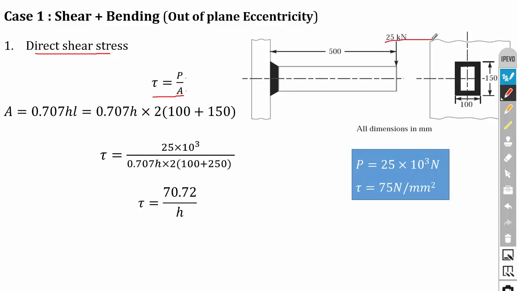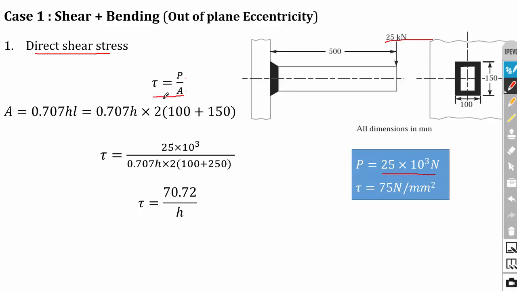So the load is 25 kilonewton, that is 25 into 10 power 3 Newton. We have to calculate the area. We know that the equation for area is 0.707 H into L. Here the L is the length of the weld. So this is very, very important. Be careful about it. We have to calculate the length based on the given drawing. Here the welding is carried out on all the sides. So the length is 150 plus 100 plus 150 plus 100.